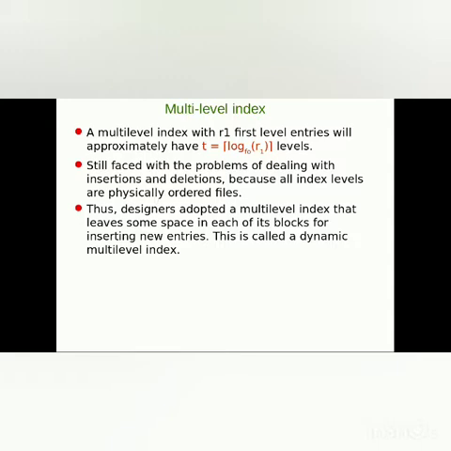Thus designers adopted a multi-level index that leaves some space in each of its blocks for inserting new entries. Therefore, what is required is a multi-level index with dynamically varying capacity. That is, a dynamic multi-level index is required.